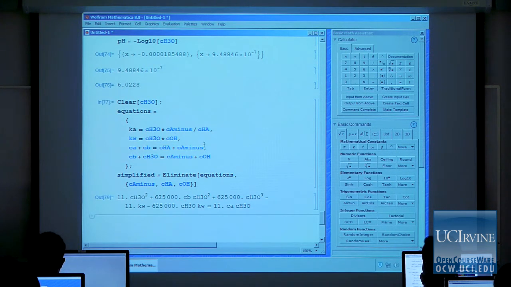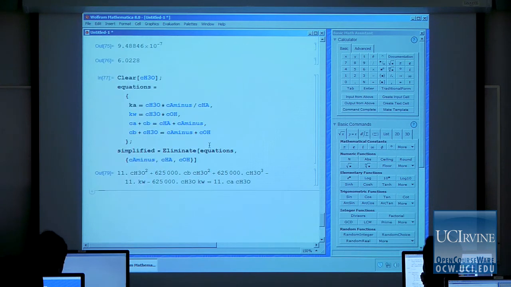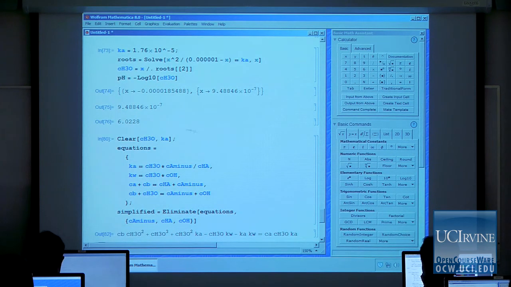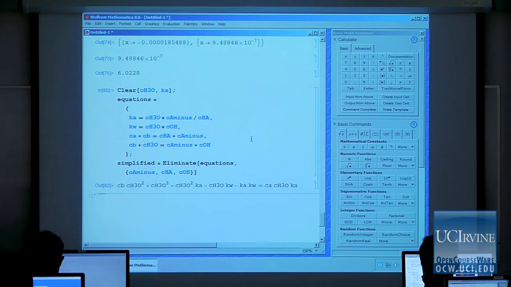All right? Now, if you let that rip, oh, we got a bunch of numbers in there. Going to have to clear some more stuff. You think it's Ka? Yeah, it's Ka. Let's get rid of Ka here. All right. Okay, that's what I wanted. Now, that's interesting, isn't it?